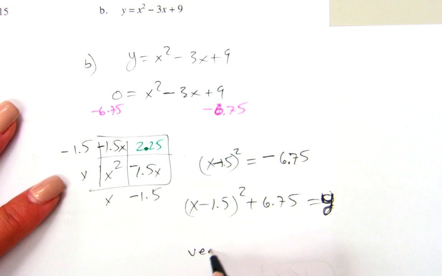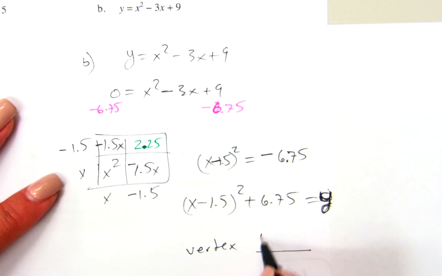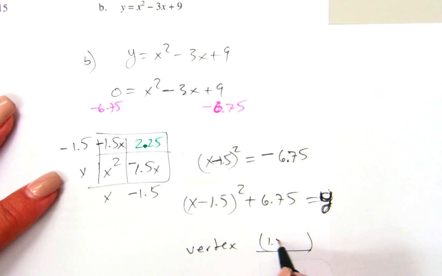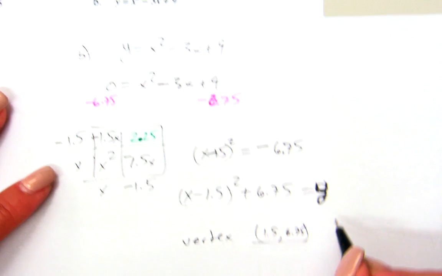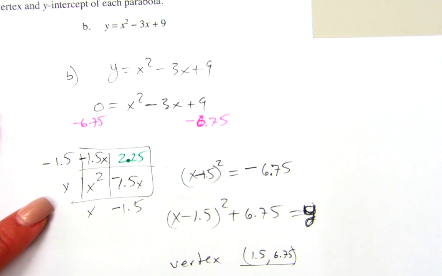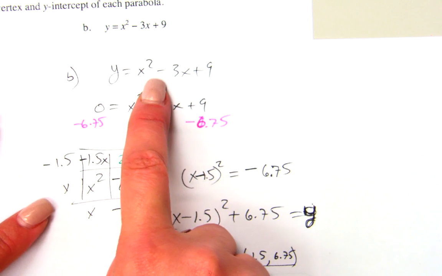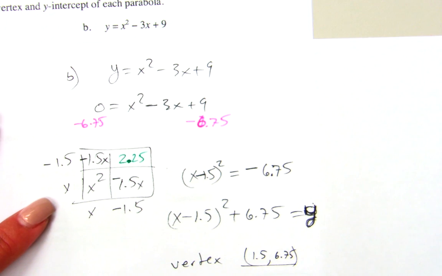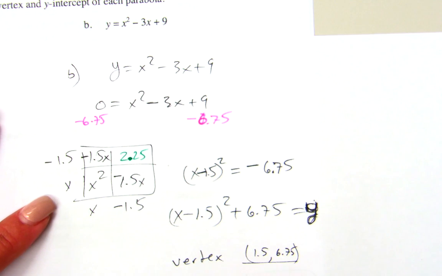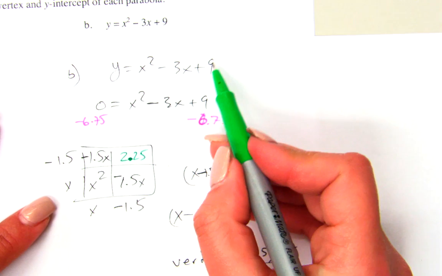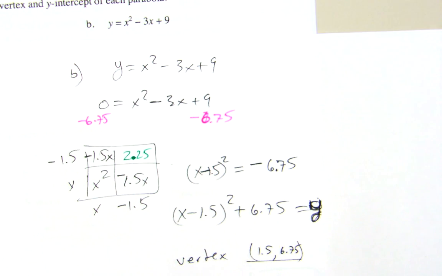So your vertex is going to be at positive 1.5, comma, it moved up 6.75. And now your y-intercept: going back to standard form, which is the first thing you were given, your y-intercept should be at 0 and 9, because that's the c part over here.